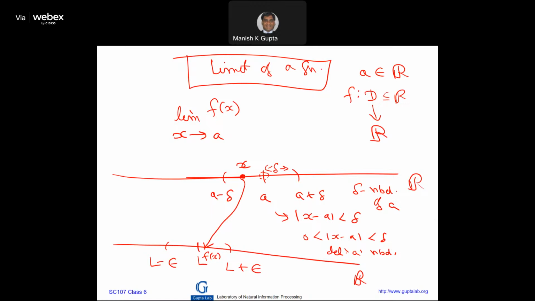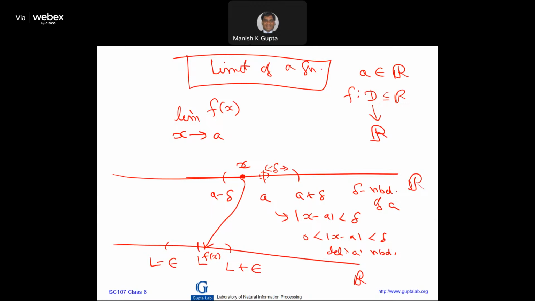Because in the neighborhood of L, the image lies in the neighborhood of L, either this side or that side, because epsilon is also a very small number. This distance is epsilon here. This neighborhood concept is very, very important, right? So if this happens, then we say that the limit of f(x) as x tends towards A is L.